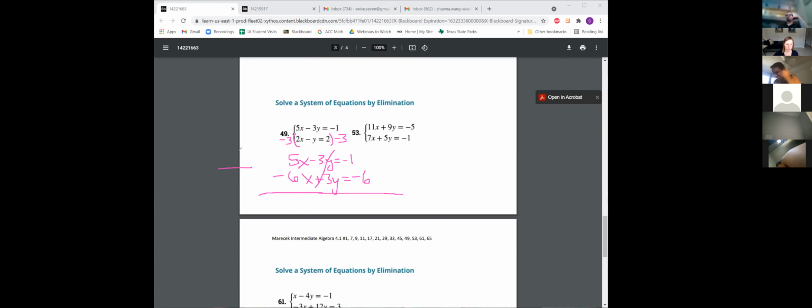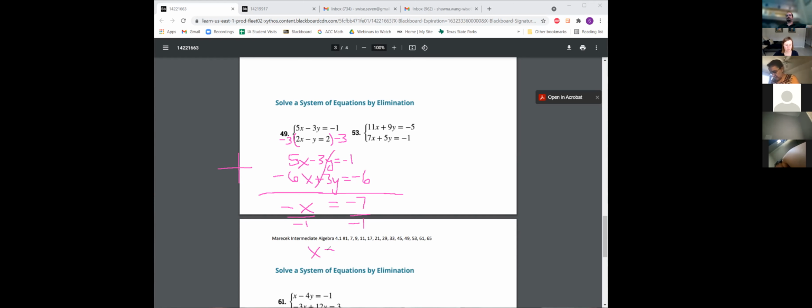Yes, I did this, and in the end my equations are going to be 5x minus 3y equals minus 1, and the second is minus 6x plus 3y equals minus 6.